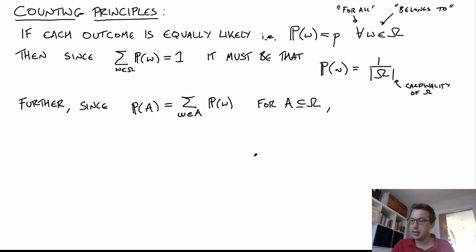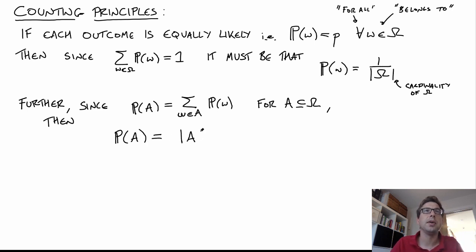So if all these terms are equal to each other, equal to 1 over the size of the set omega, then the probability of the event A is just equal to the number of items in this sum, since these are all equal, divided by the number of elements in the sample space. Okay, that makes sense. All things are equally likely, and there's this many of them, so that should be the proportion of time that we expect an outcome in event A to happen.